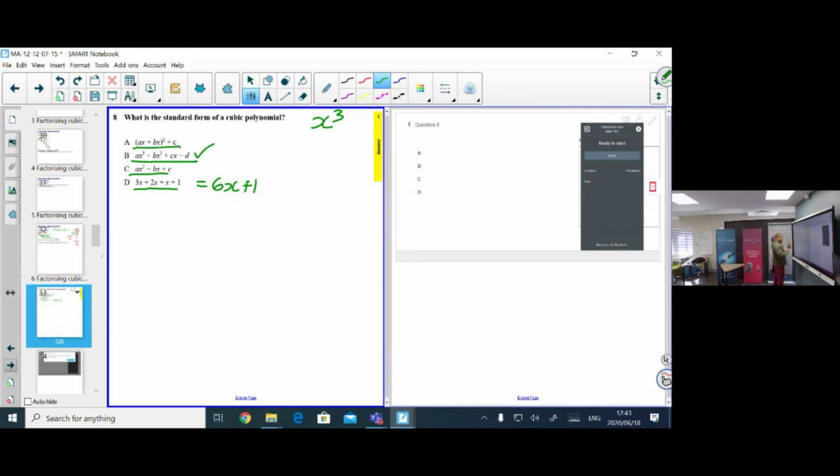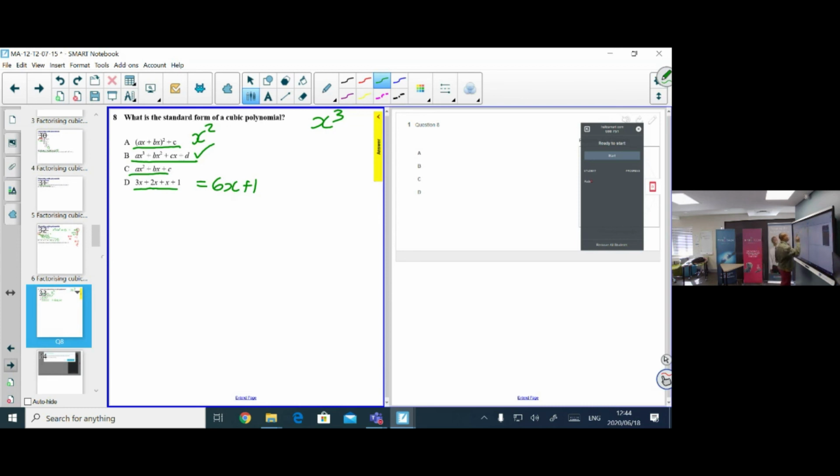This, if you multiply those, we don't necessarily get any cubic. We can get it as a middle term, but we have a situation where x squared is the highest term there.